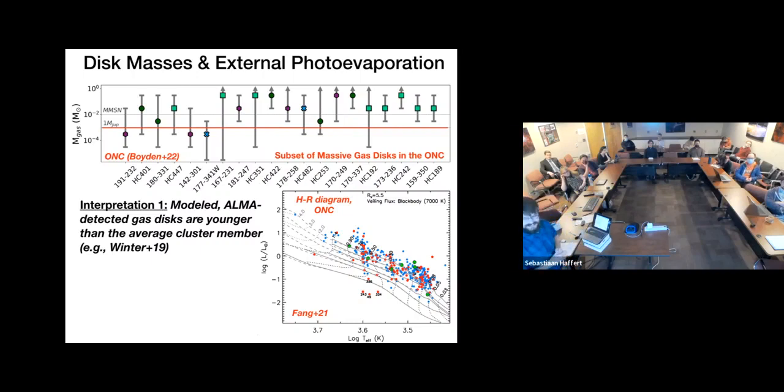And what I mean by this is if you were to plot the positions of individual stars in the ONC on the HR diagram, like Min Fang, a former Alien Earth's team member, has done previous work, what you would see is a pretty large spread in luminosity, several orders of magnitude.